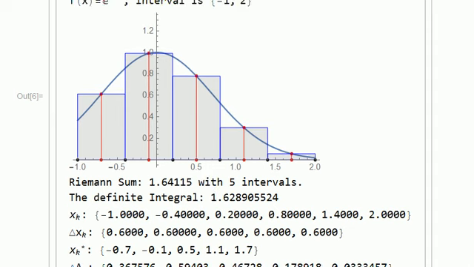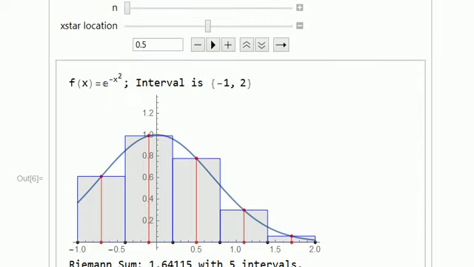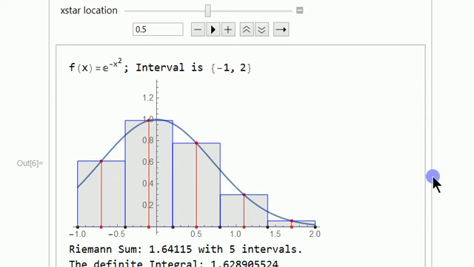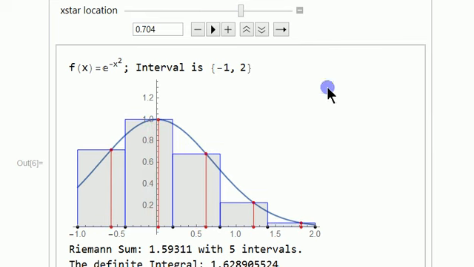Let me go back in here and think about other choices of these so-called height points. Here it's 0.5, that means it's exactly the midpoint. But if we change that choice of height points, we leave these 5 intervals but think about choosing different height points. For example, if I go a little bit to the right, we're not using the midpoint, but a point slightly to the right side.